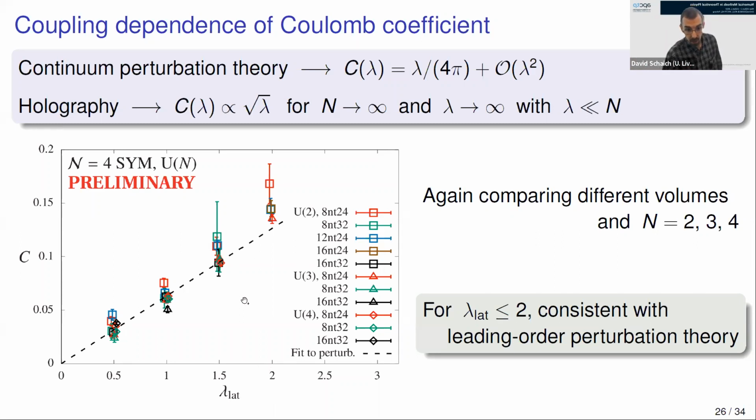What I've done in this plot is actually just fit the red diamonds, so the U(4) gauge group with an 8 cubed by 24 lattice, to the leading order continuum perturbation theory and use the coefficient of that fit as the conversion factor between lattice coupling and continuum coupling.